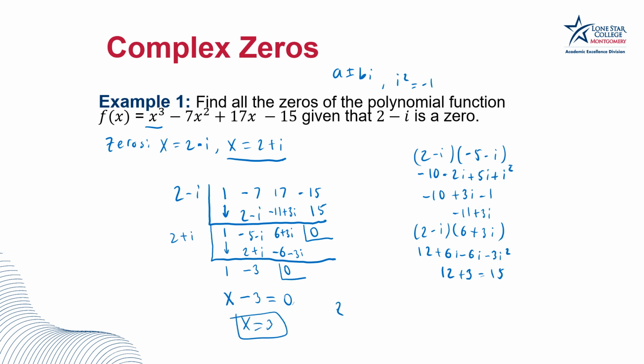So that tells us that our zeros are the two given complex zeros, 2 minus i, its complex conjugate 2 plus i, and the last 0 is a real number, which is just 3. So that right there is our zeros of the polynomial function.